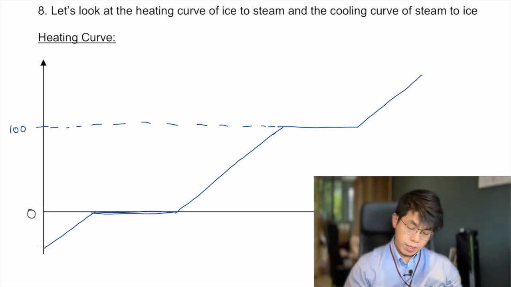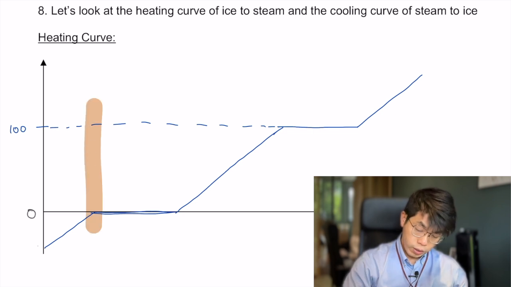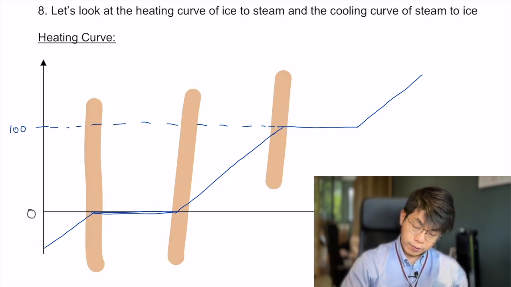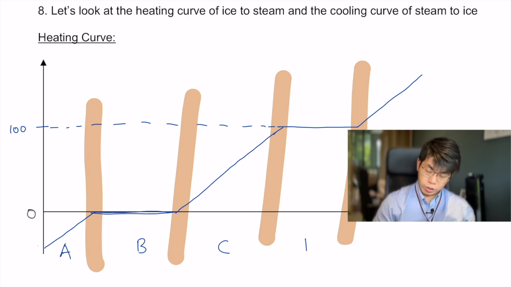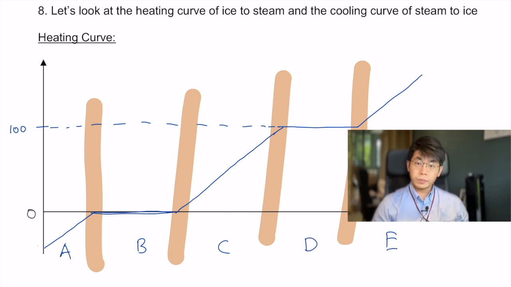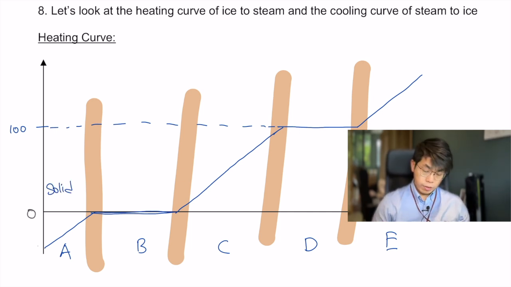So what we can see is that there are a few sections over here. Let me use my highlighter to show you. I can divide it like this, and there is section A, section B, section C, section D, and section E. At section A, we only have solid water. Once we heat up the solid water, the solid will slowly turn into liquid.